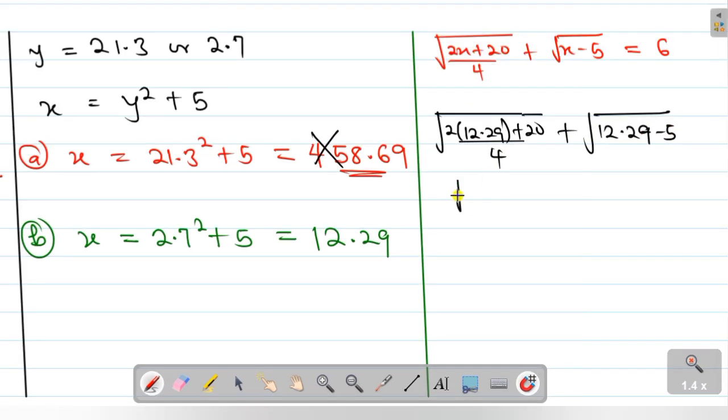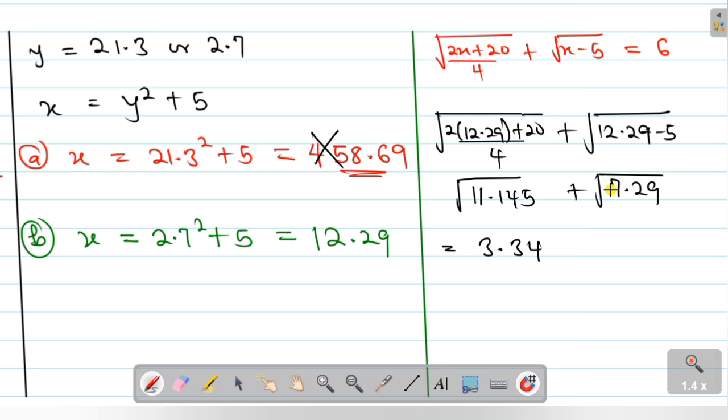Let's see that. That's the square root of 11.145. So let's take that square root. This is equal to 3.34. Then plus the square root of 12 point this minus 5, which will give us 7.29.